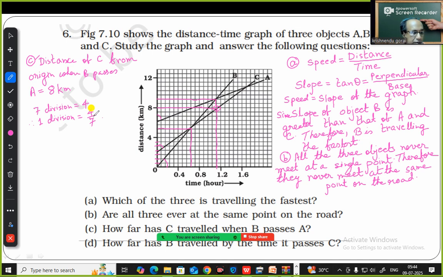And here you find that this is the C point. How many blocks? 1, 2, 3, 4.